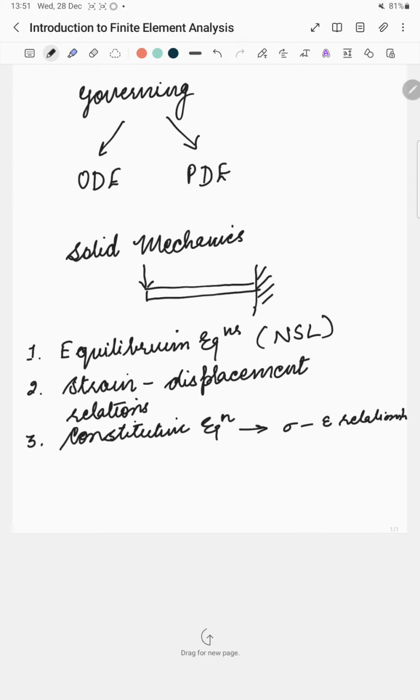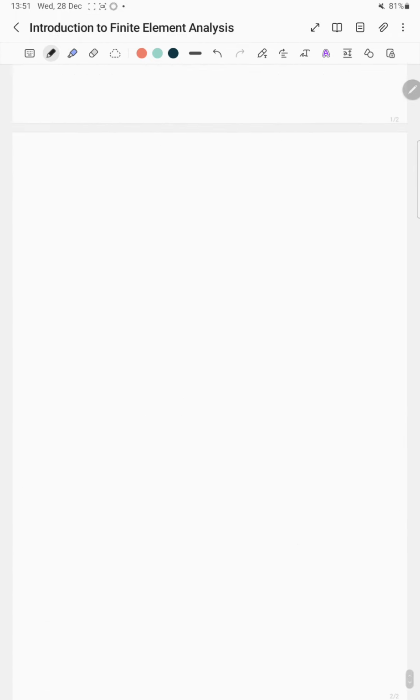Now we wish to solve the arrived governing differential equation, and the first thing I can do is to find the exact solution.